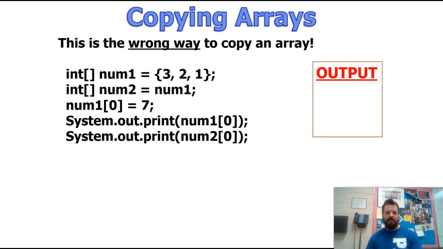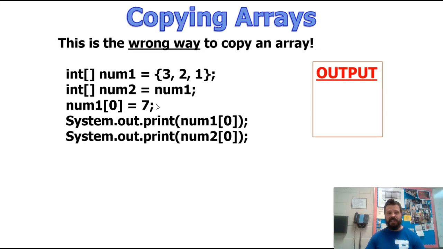Now we're going to see the same issue crop up when we go to copy arrays. So let's take a look at the wrong way to copy an array. Now there are certain situations where this is what you want to do, but in most cases not. So let's say I create an array num1 with the values 3, 2, 1. And then let's say num2 I want to be a copy of that original array, have the same values. Well, one thing I could do is just say int array num2 gets num1.